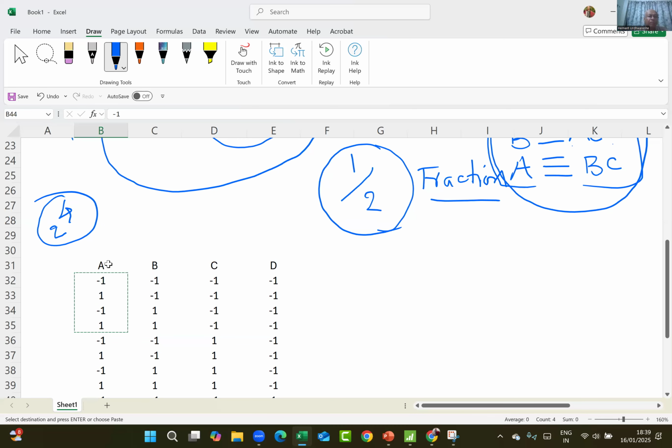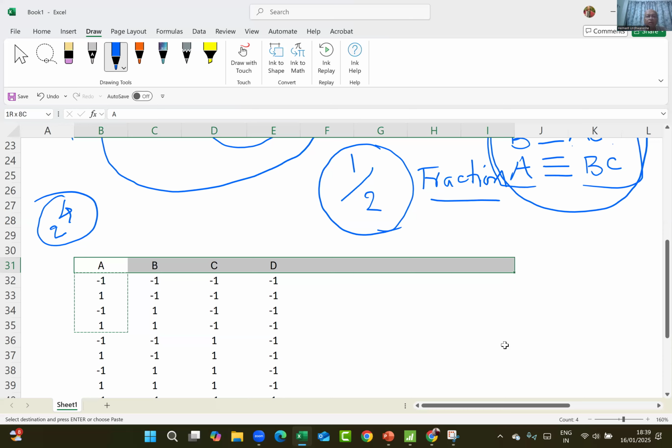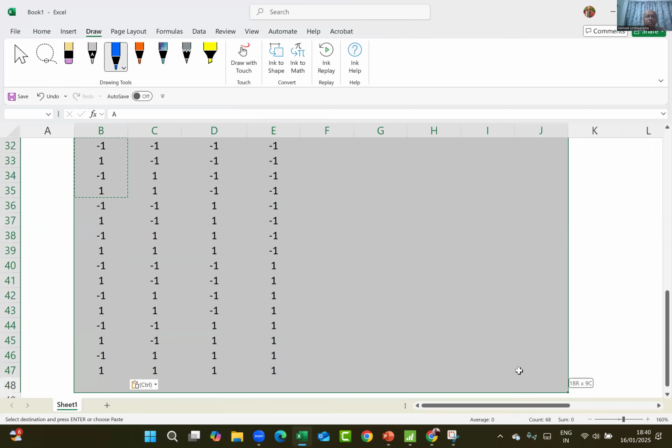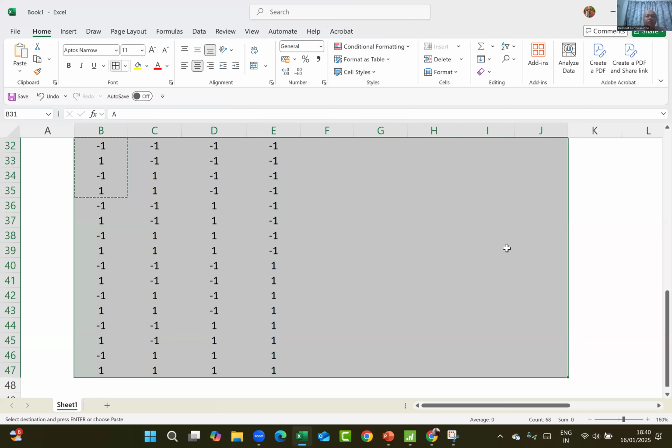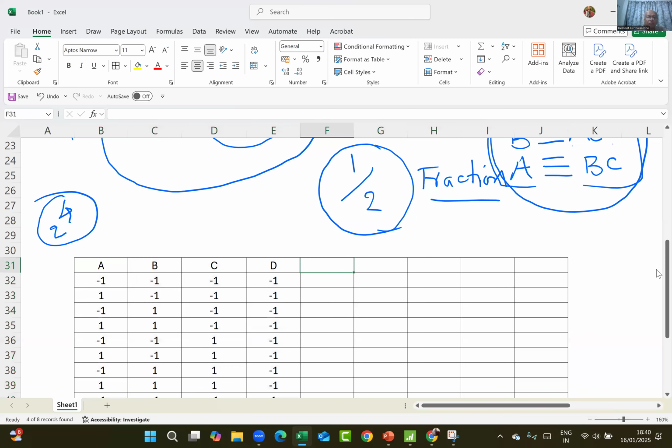So I got the table for the ABCD design, and I will have to create the interaction columns. I generally don't do the 2 to the power 4 design, but let us do this. So you got AB, AC, AD, BC, BD, then CD, right?